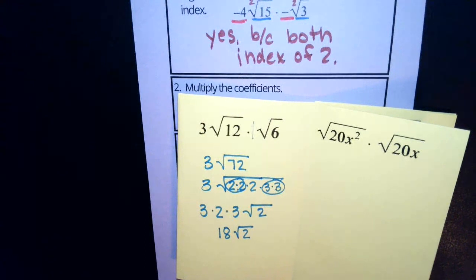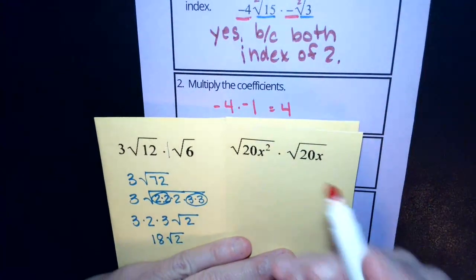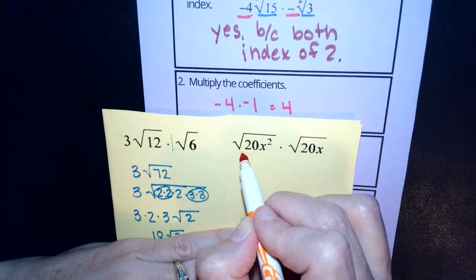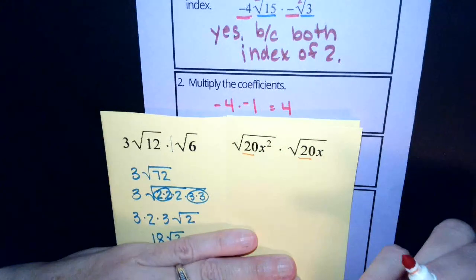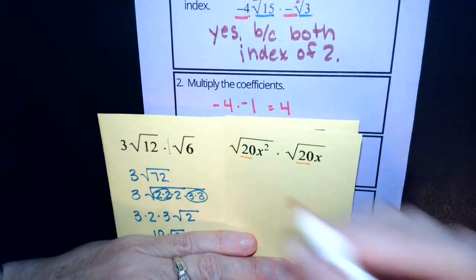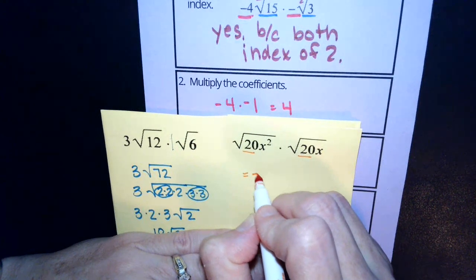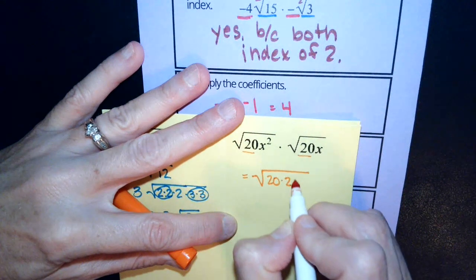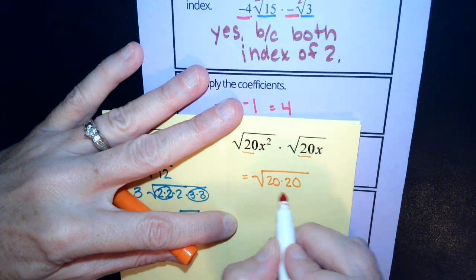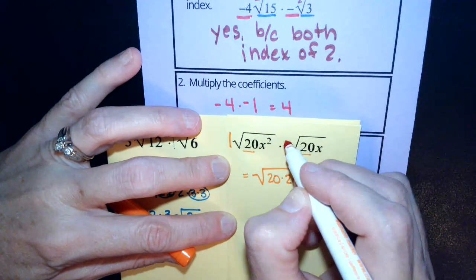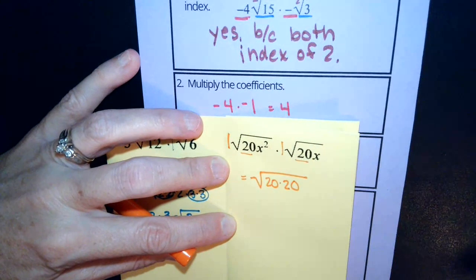All right, now let's take a look at the next one. All right, so I see right away that these are both index 2, but I also see that they both have a 20. So I'm not going to do 20 times 20 is 400. I'm going to go ahead and leave that as 20 times 20 underneath the radical because they're already a pair. And I kind of skip forward. That's 1 and that's 1. So 1 times 1 is 1.